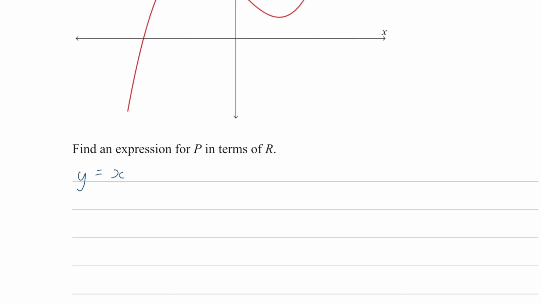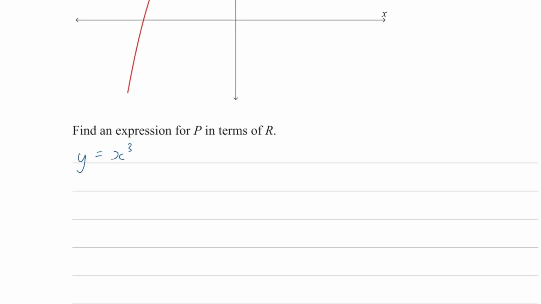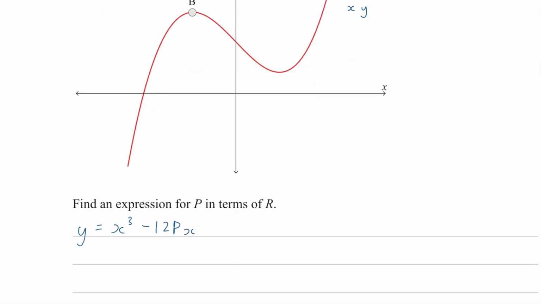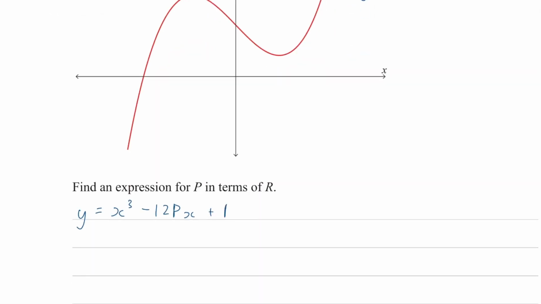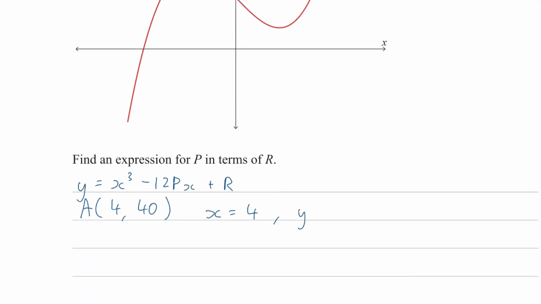So our equation was y equals x cubed minus 12px plus R. Now we know point A was at (4, 40). So what that means is our x value is 4, our y value is 40.